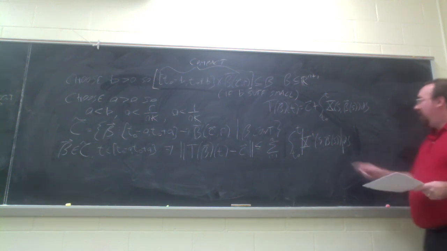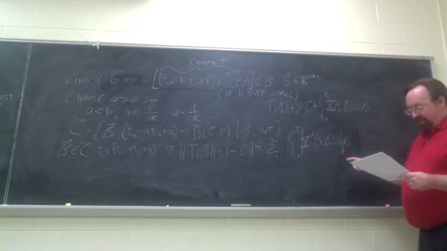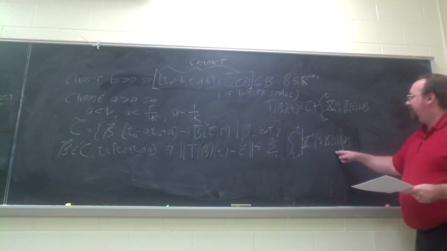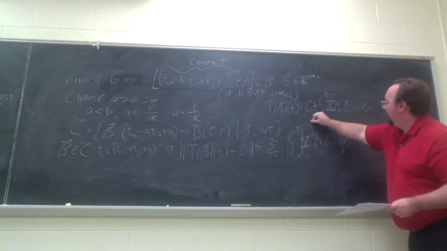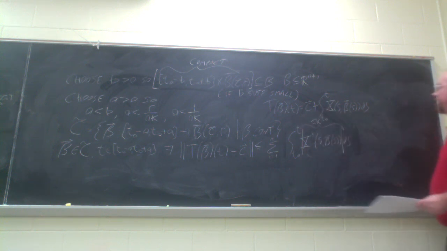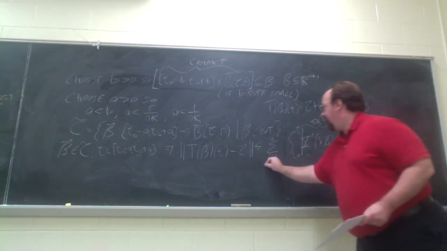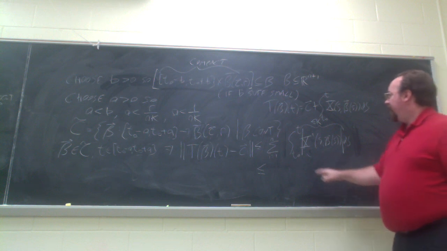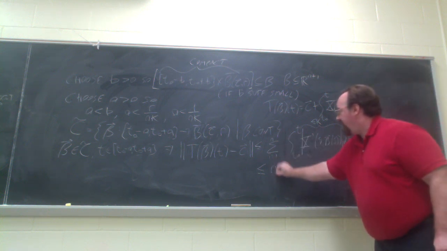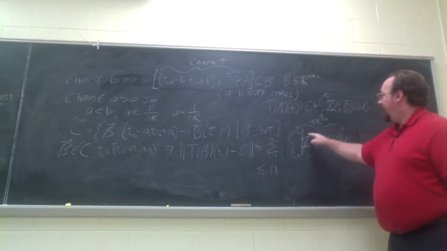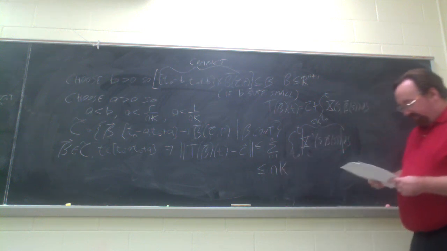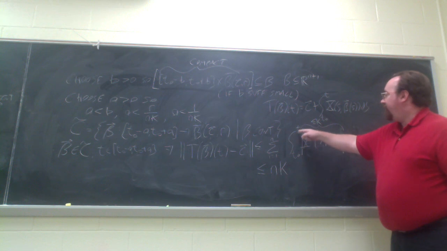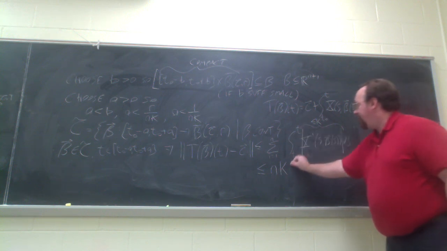Now, all of these components of big X are less than or equal to big K. So this is less than or equal to n, because I have n components, capital K, because that bounds the integrand, and times the difference of the limits, the width of this interval, t minus t naught.